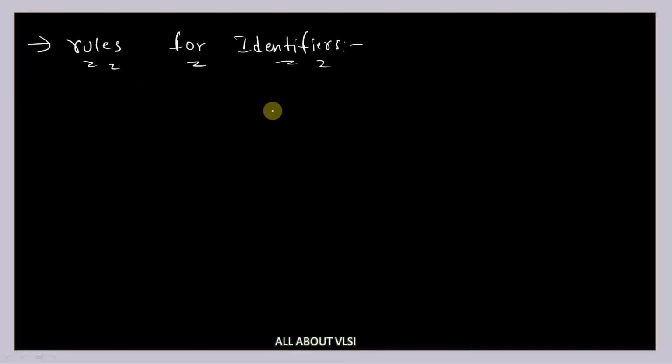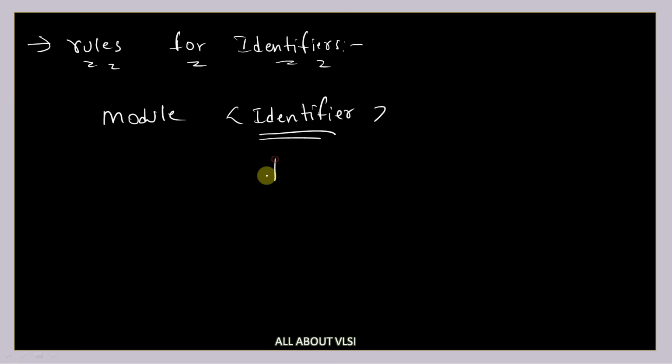So coming to the rules for identifiers of modules. When we are declaring a module name, module identifier, this module name must follow some rules. Okay, the first rule is we should not use a number in the first position.